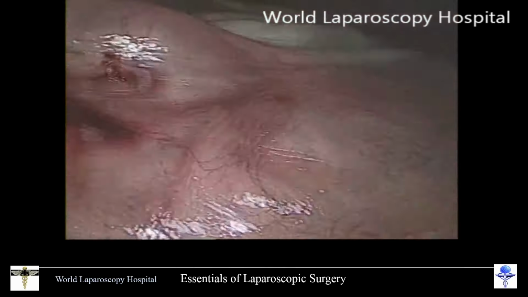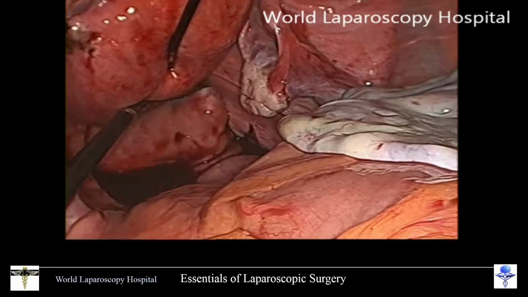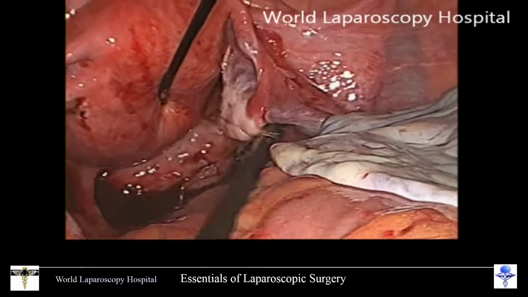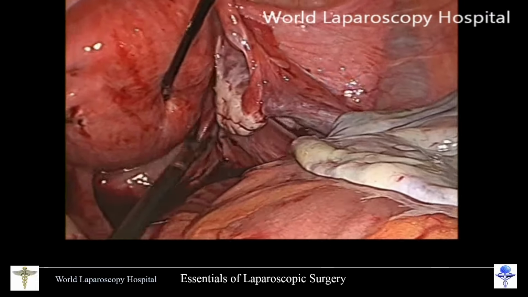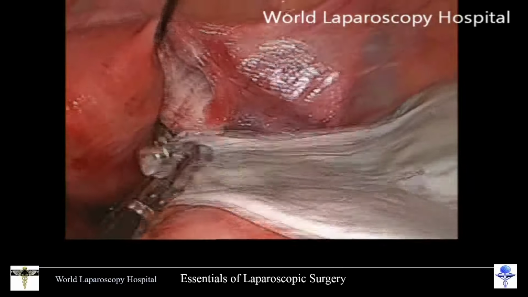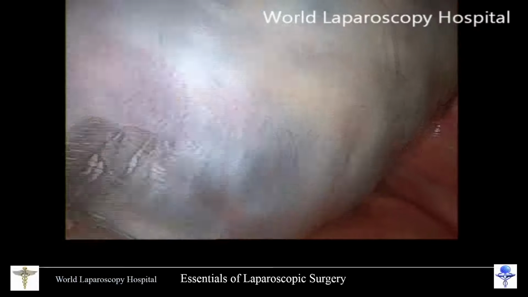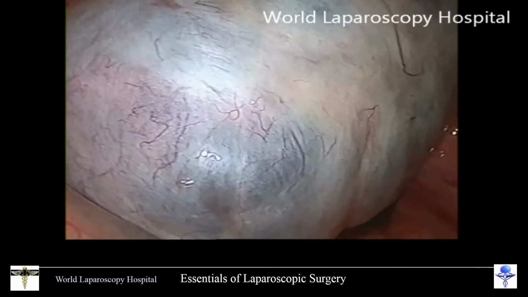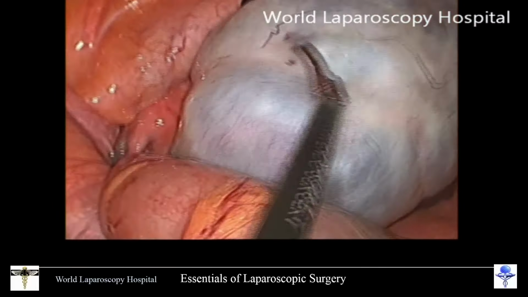Then you can take the cyst, catch it by the claw forceps, and slowly you can bring the claw forceps in between. This is just like a gallbladder extractor, and then catch it and slowly pull it out. While you are pulling it out, you have to bisect it so that all the fluid will be drained.